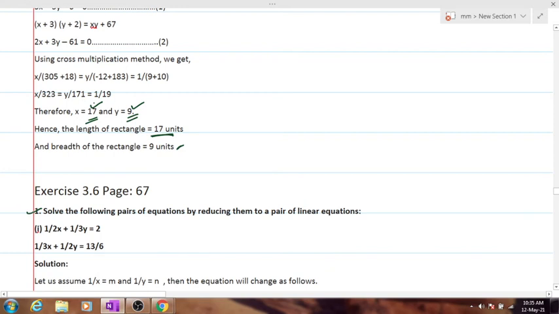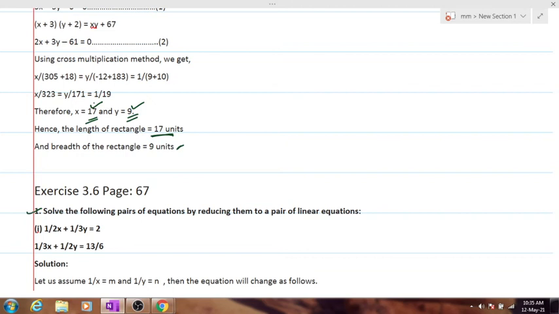Can everybody see the question? You'll have to solve it using any method, but here you'll find a bit of change in the pattern of the question given. Yes or no?